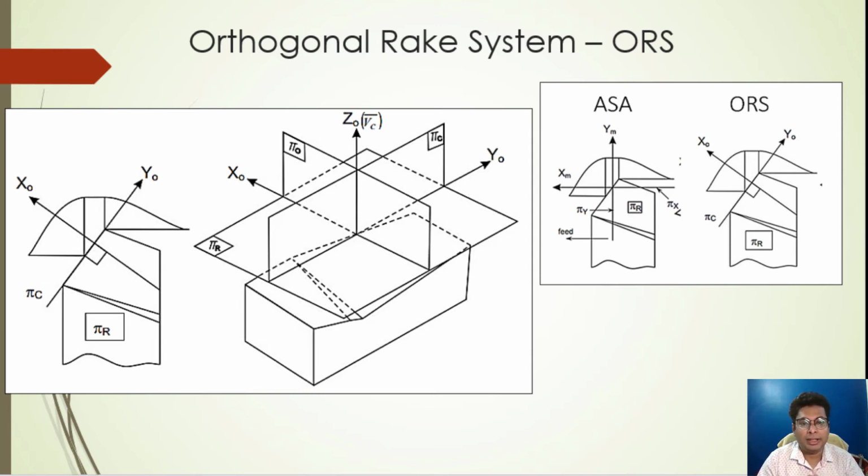If we understand that, the measurement is similar to the measurement we have carried out in ASA system of reference. Okay, how are these both related? As you can see, ASA is a machine reference system, and in the machine this is the longitudinal feed as well as the cross feed. So the planes are mutually perpendicular.